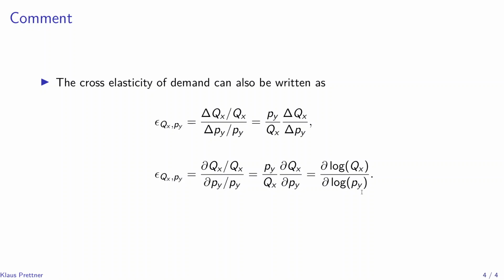And again, as with the previous elasticities, this is often very important if you analyze the elasticities empirically, because then you often have the data in logarithms, and when you regress the logarithm of the quantity of good x against the logarithm of the price of good y and perhaps control variables, then the coefficient of the logarithm of the price of good y is directly the cross elasticity in this case.